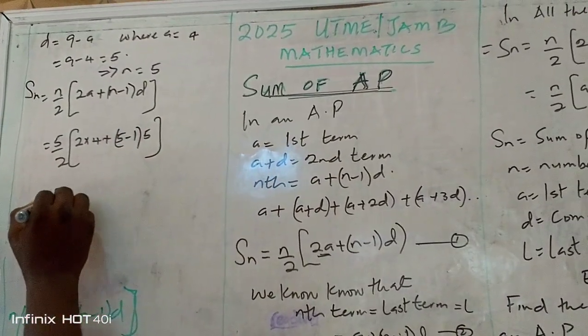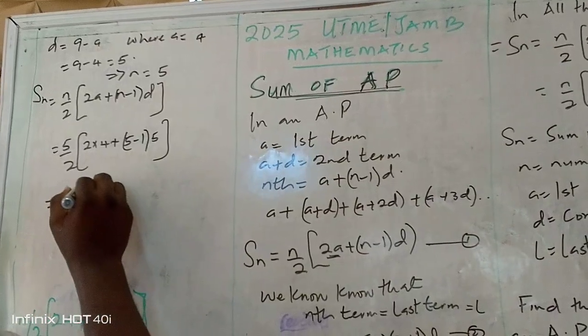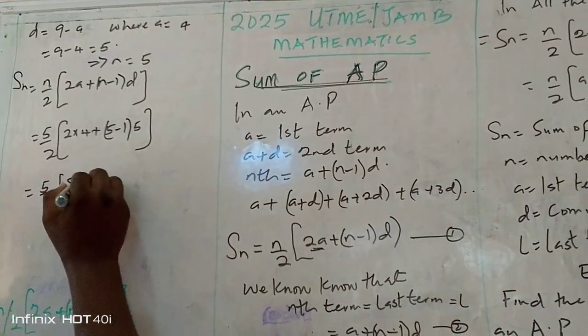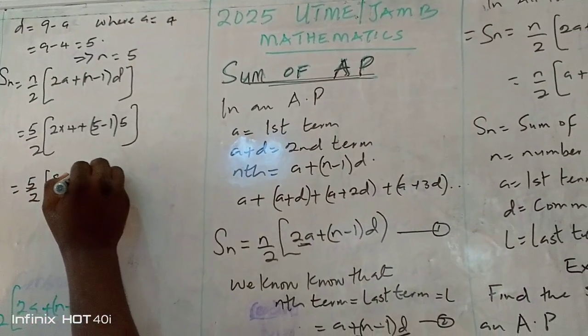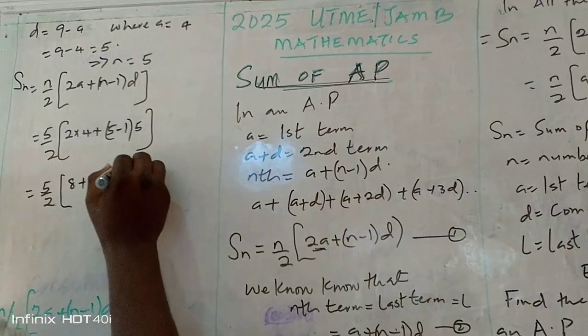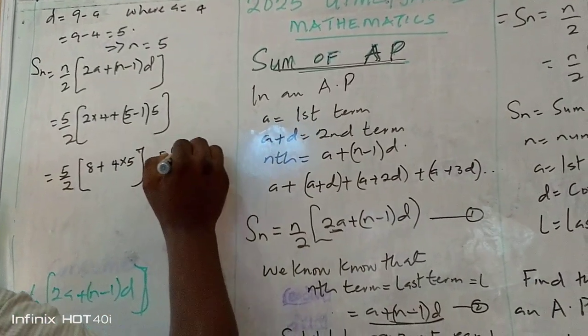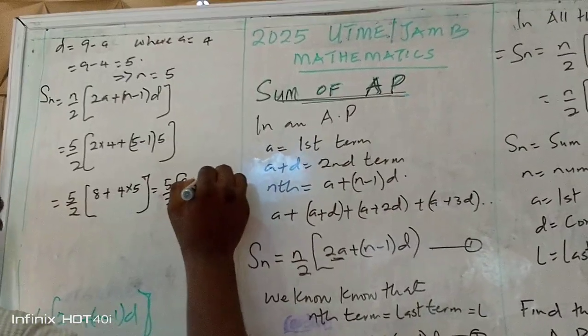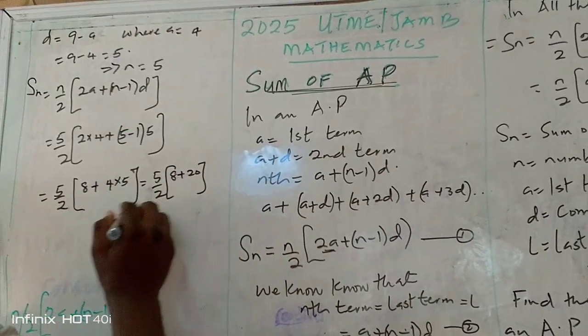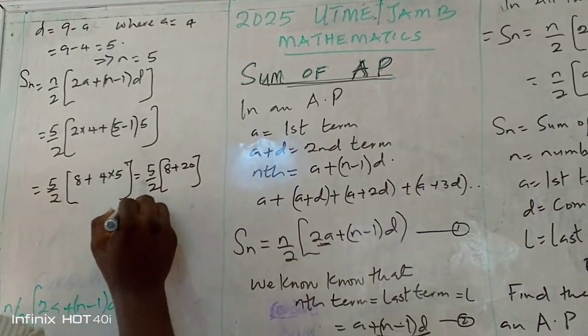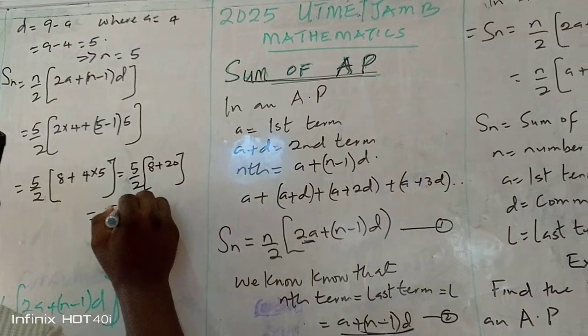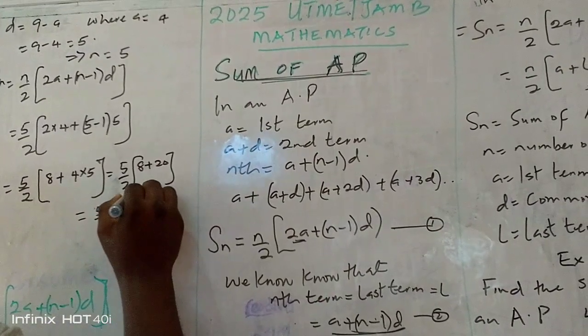So n becomes 5 over 2, and a becomes 2 times 4 plus (5 minus 1), what is my d? 5, I close it. So I have 5 over 2, open bracket, 8 plus 4 times 5. That's 5 over 2, open bracket, 8 plus 20. That will give me 5 over 2 into 28.